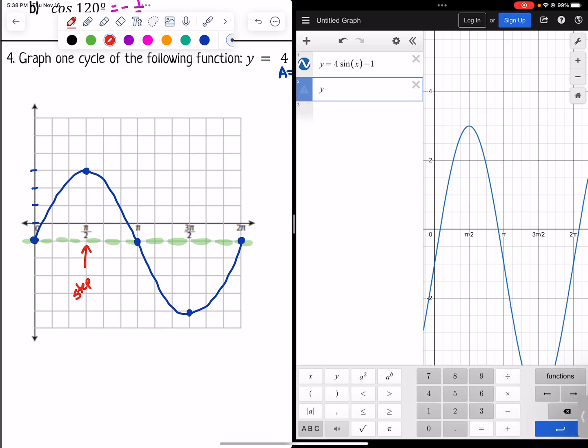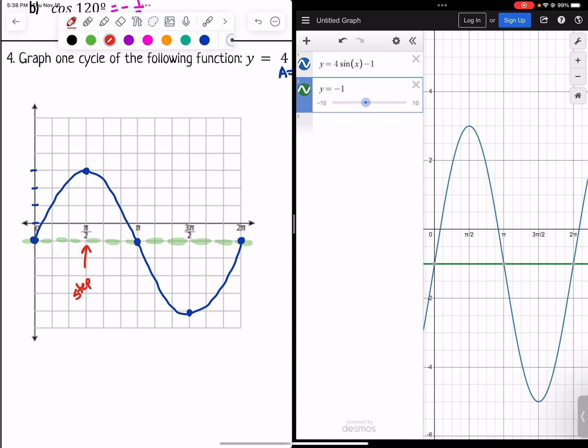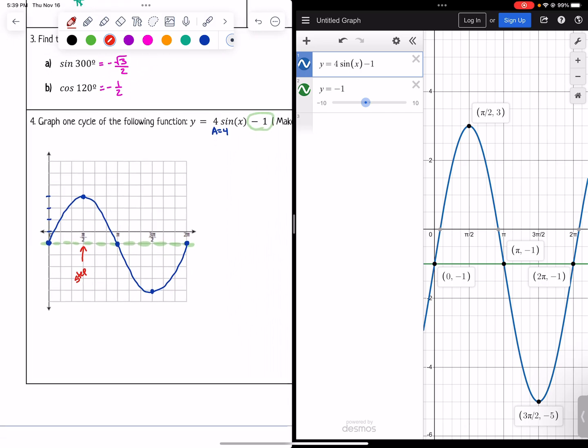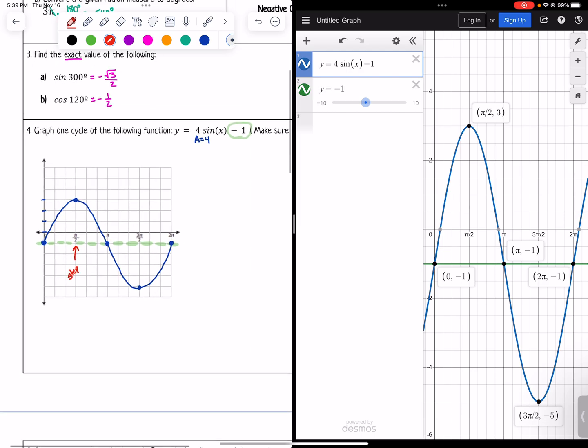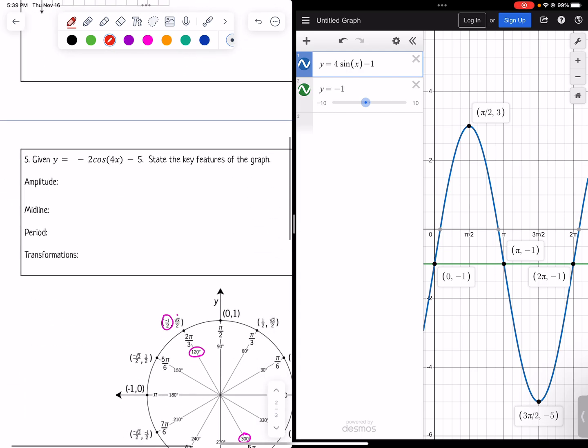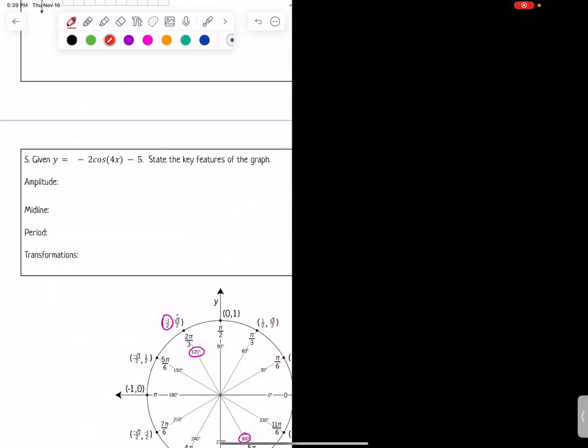So y equals negative 1. It always goes with your vertical shift. And then I can just click on all those good points that I've already plotted on my graph, but you can also get them from Desmos. It just takes a little bit of work to set up the window so that it looks like what's on your paper.